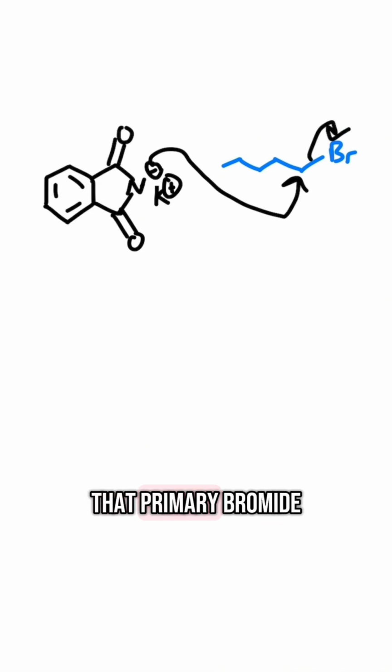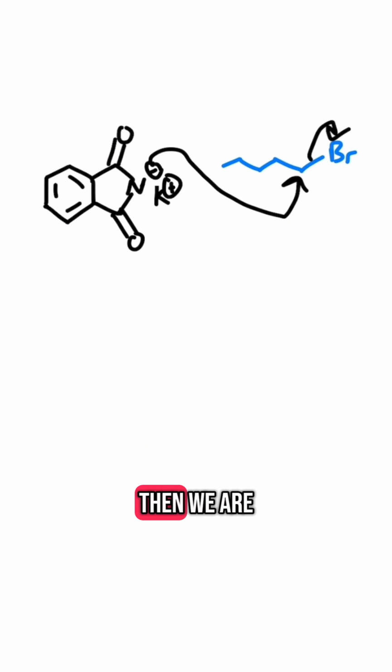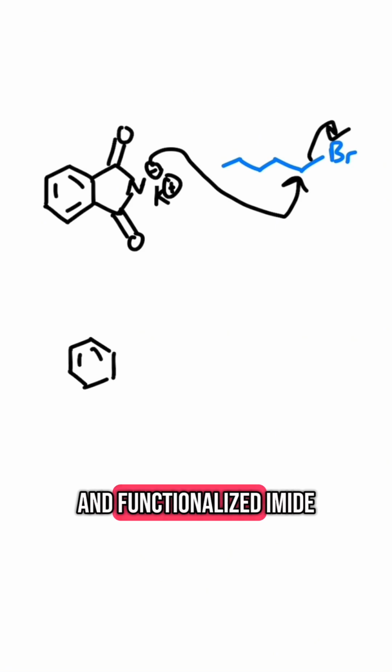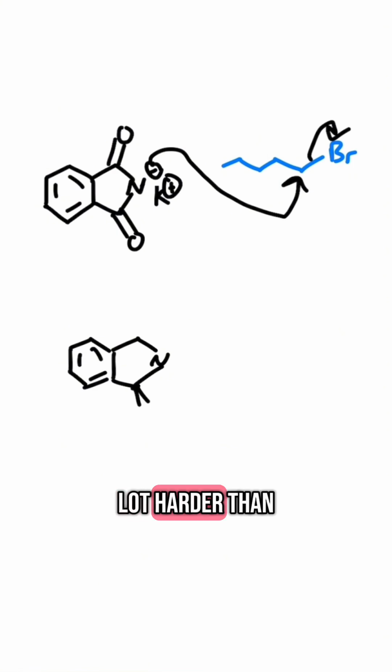That primary bromide carbon is very susceptible to nucleophilic attack, and then we are going to be left with this N-functionalized imide here. Sorry for my terrible drawing skills. It's a lot harder than you think to draw on an iPad very well.